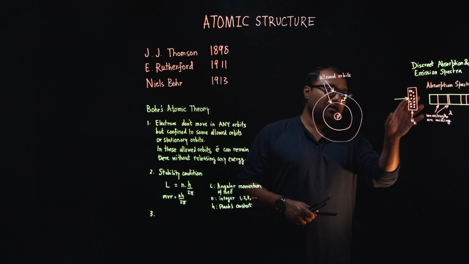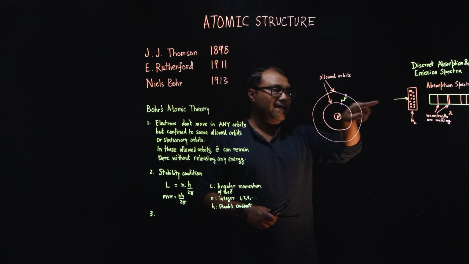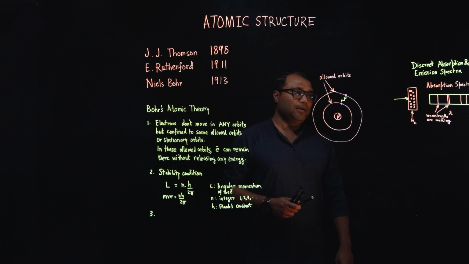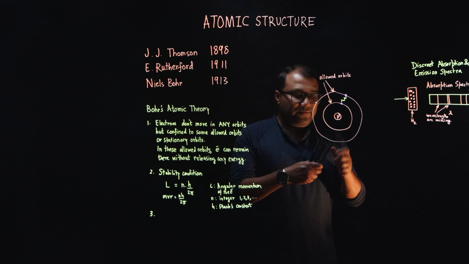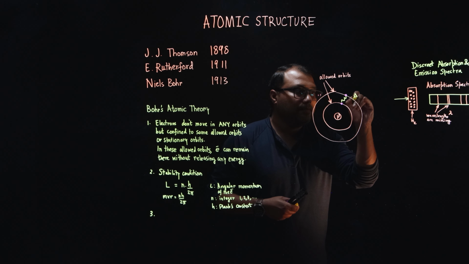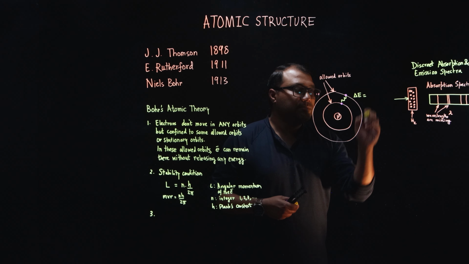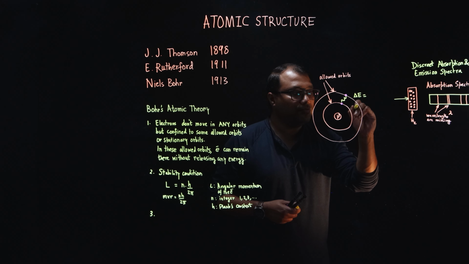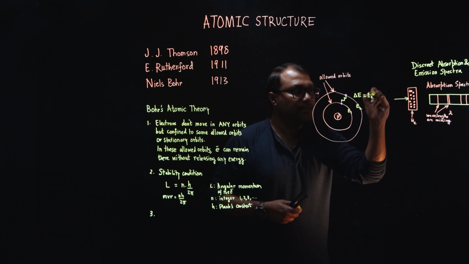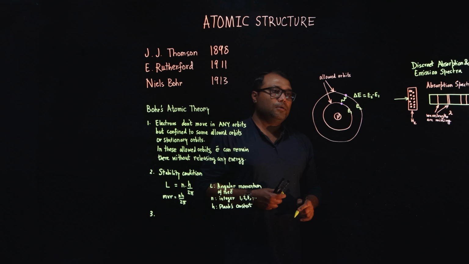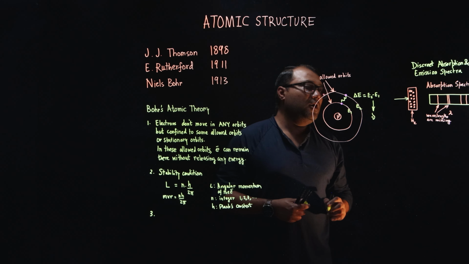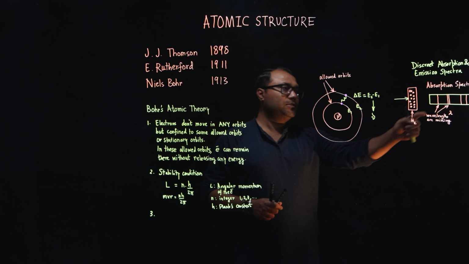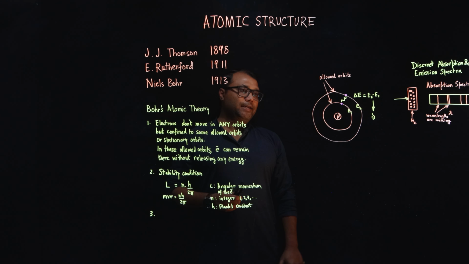When the electrons in the hydrogen atoms are excited because of an external source of light, the difference in energy level corresponds, so if this one was E2, this one was E1, the difference in energy level corresponds to a wavelength or frequency of light that is corresponding to these wavelengths that are missing.